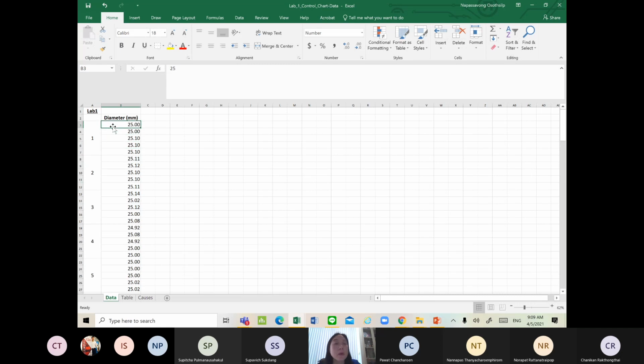The first part, you measure it, and you get the diameter of 25.00. The next part within that hour is 25. The third part, 25.1. And then you sample 5 parts for the first hour.